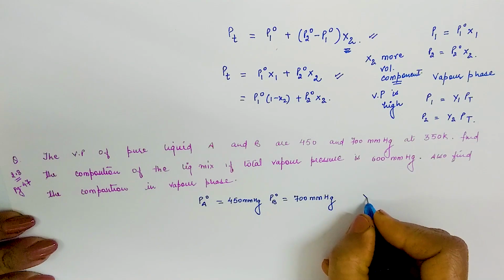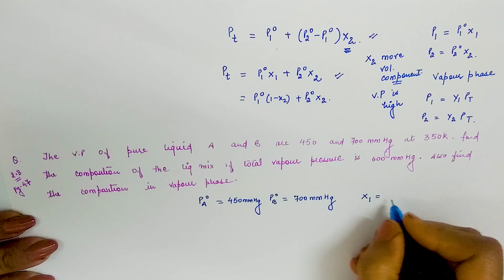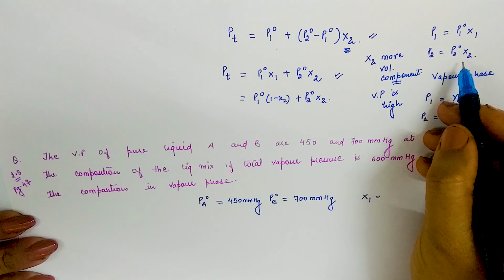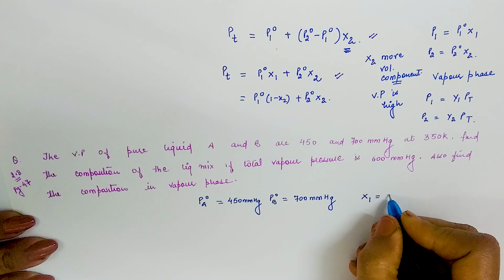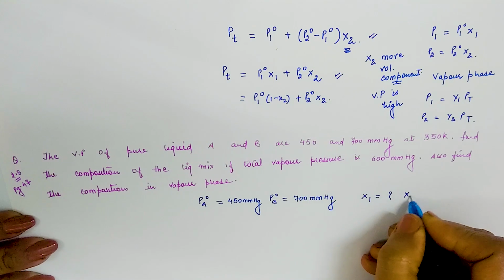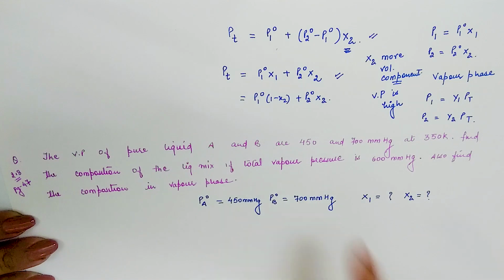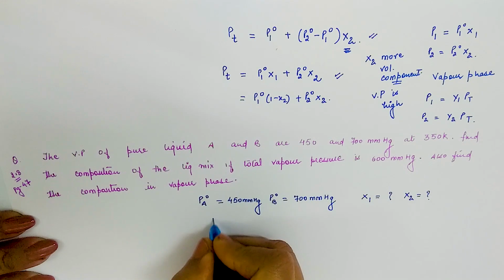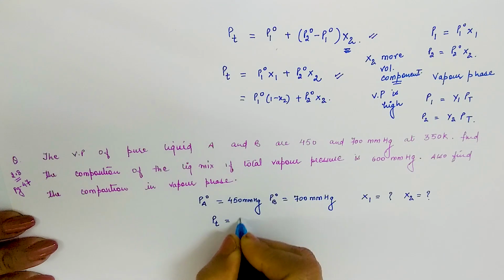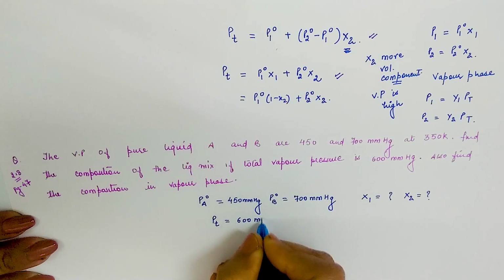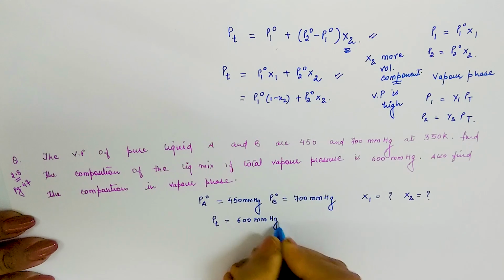Find the composition of the liquid mixture. Composition is always the mole fraction, so you have to calculate X1 and X2 in the liquid mixture, if the total pressure is 600 mmHg. P total is given to you, which is 600 mmHg.